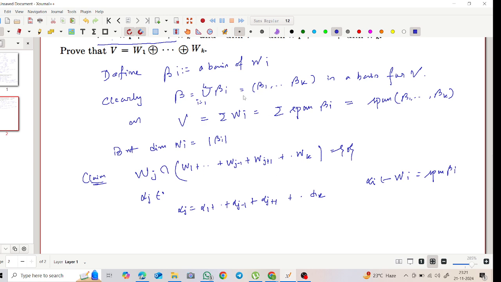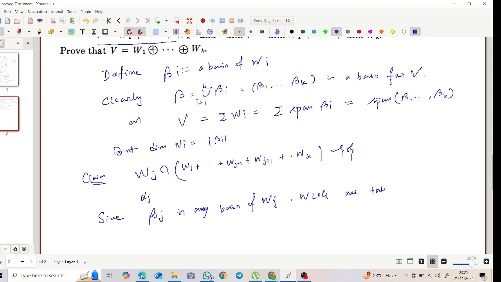Okay, so one thing we can do, yeah, let's do that. Suppose alpha j belongs to this. Since beta j is any basis of Wj, without loss of generality, we take alpha j belongs to beta j.